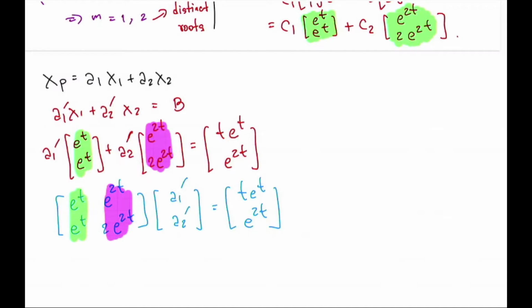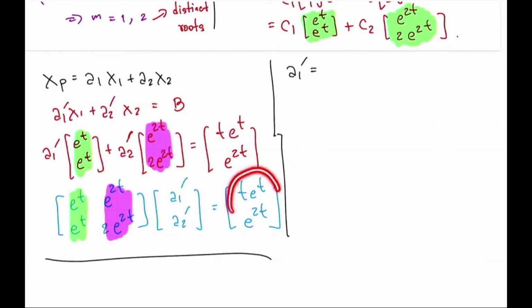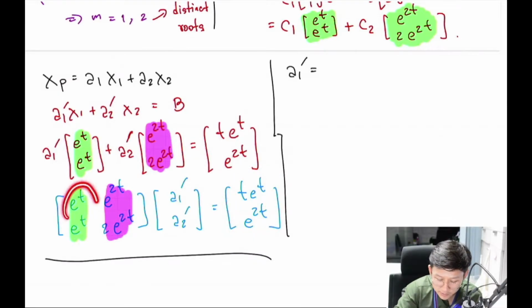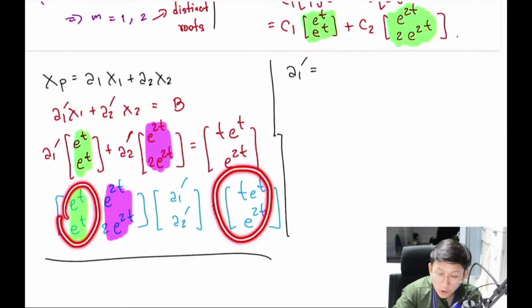Good. And then if you want to find a1 prime, it's actually, what is it? You need to replace this column by this column, right?